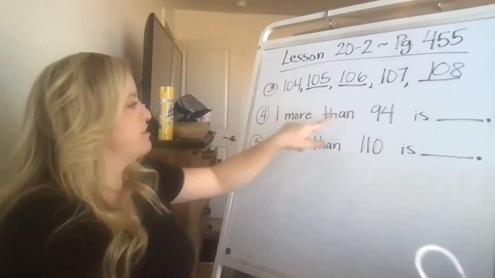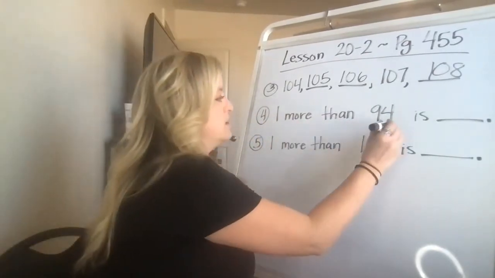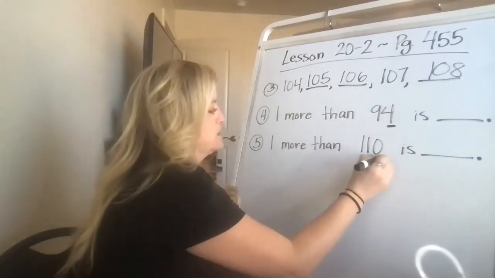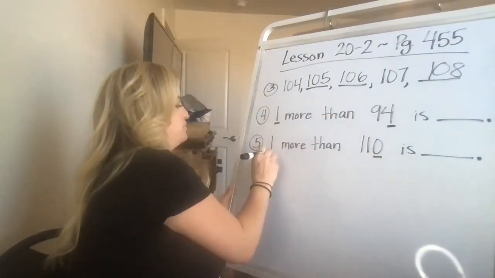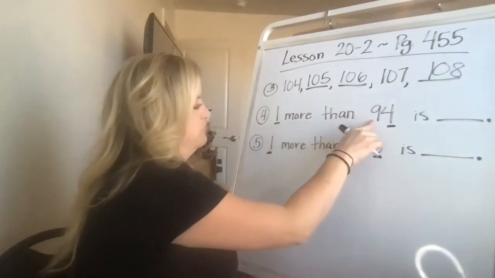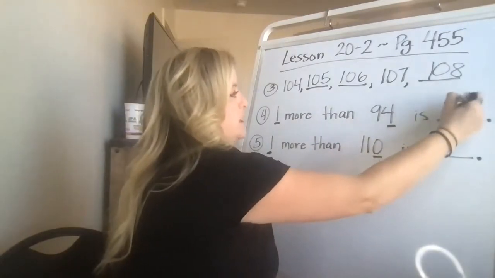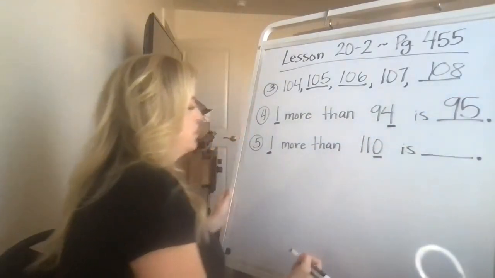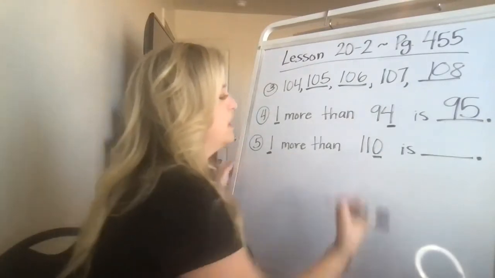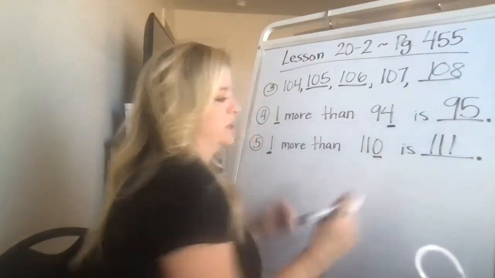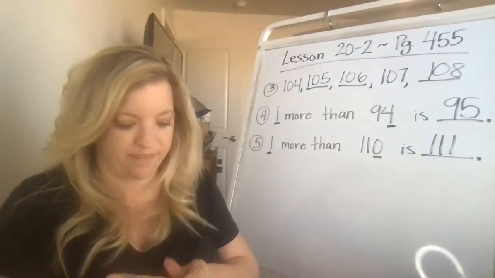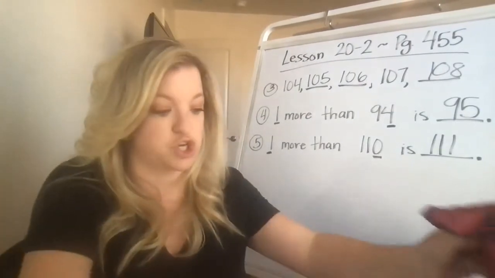One more than 94. So 1 is only changing the ones place. So 1 more than 94 is 95. 1 more than 110 is 111. All right, now turn the page.